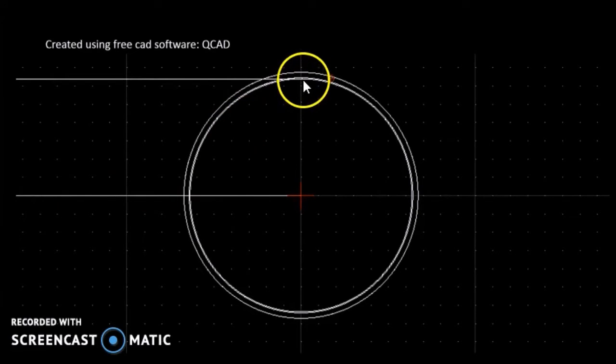If we have an observer standing here looking towards the sun, then this line represents his line of sight. This model was actually created using free CAD software called QCAD, and it's available for download on the internet.